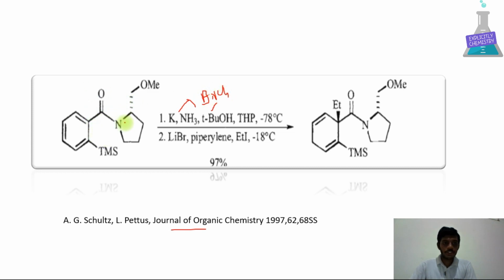This is the electron withdrawing substituent. This group is electron withdrawing. So this will be present at sp3 carbon atom. If the electron withdrawing group is present, it will come under sp3. So the bond will be at sp3 carbon.